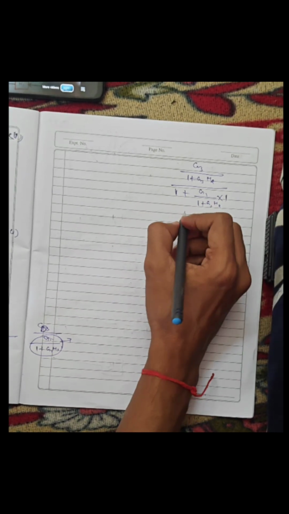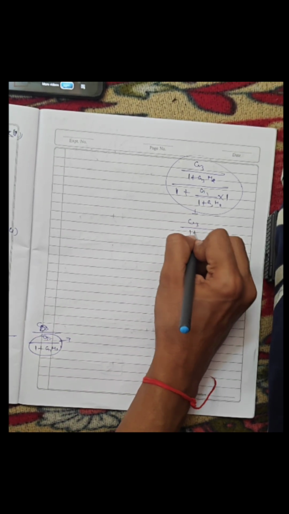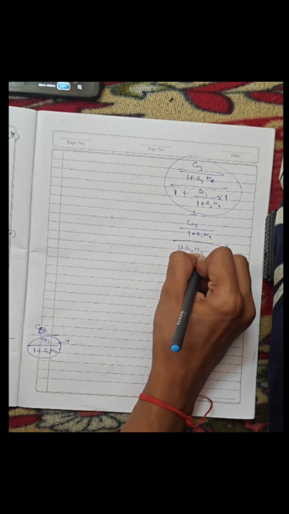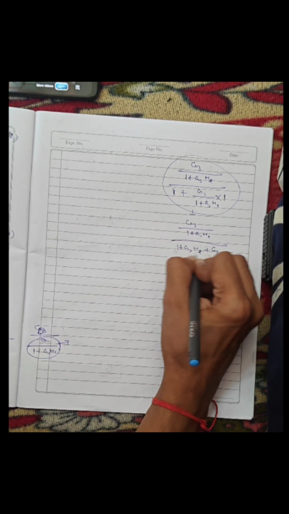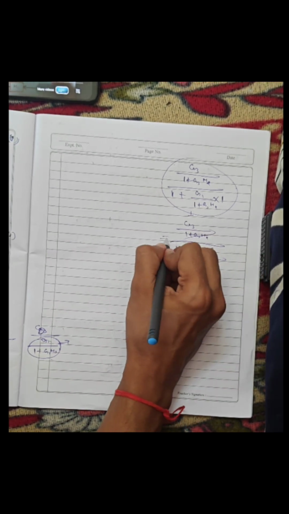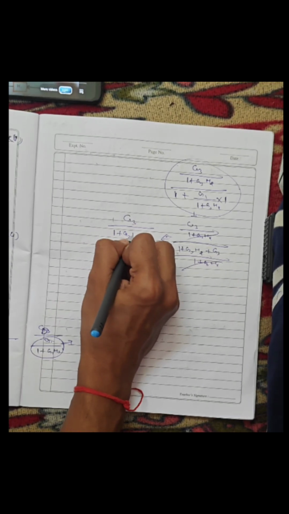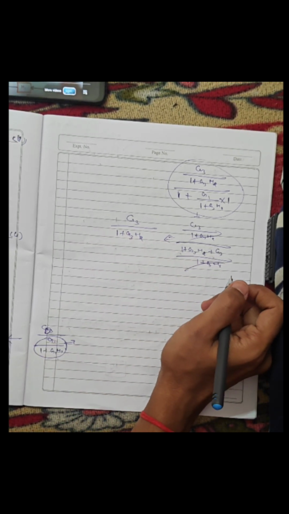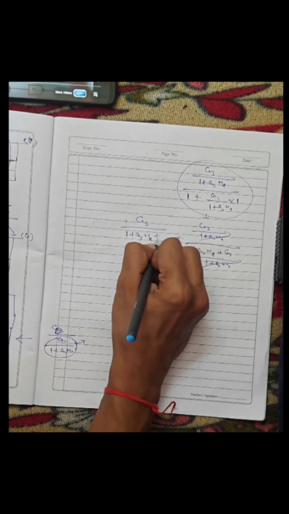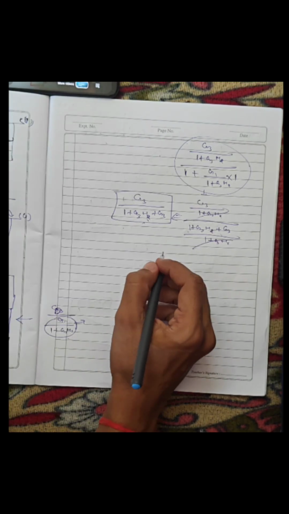By solving it, we get G3 divided by 1 plus G3 H2 upon 1 plus G3 H2 plus G3, and the denominator will cut itself. So by reduction this will reduce by this one, and we will replace this.